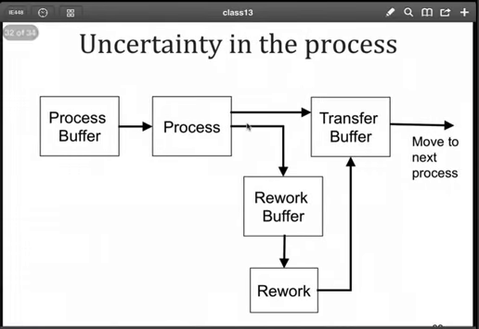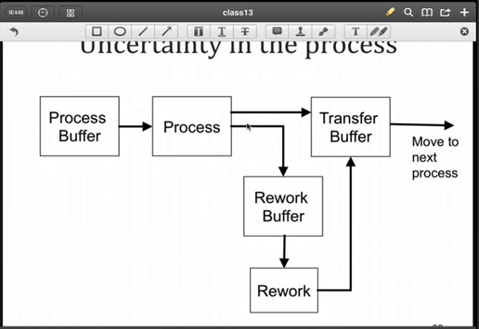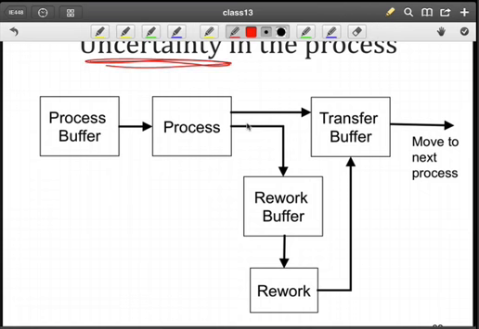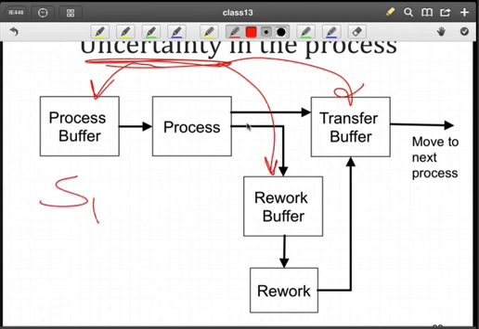The last perspective you should take in looking at a process is the amount of uncertainty in the process. And by uncertainty, we mean that there is variation in terms of that waiting time from process to process. In order to deal with uncertainty, what we're going to introduce are a set of buffers, as you can see here, that represent space in our system.